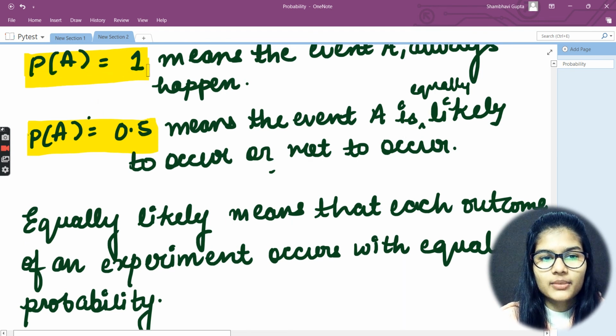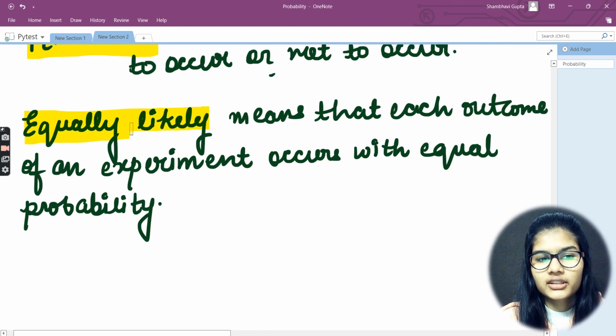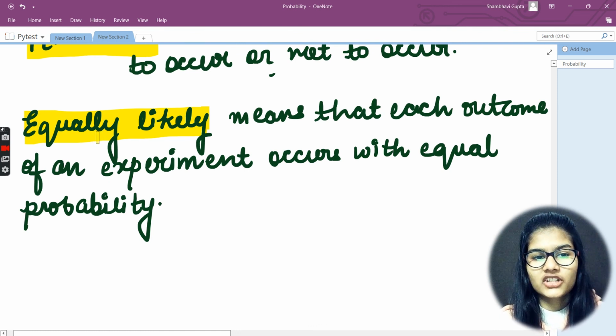And further we discussed in detail what we mean by equally likely, the term we used for the probability of 0.5. It means that each outcome of an experiment occurs with equal probability.